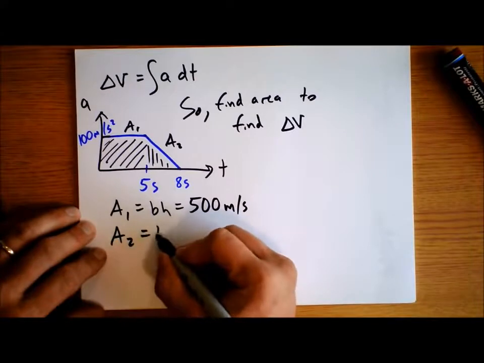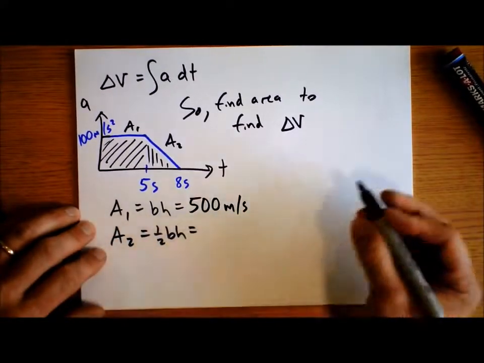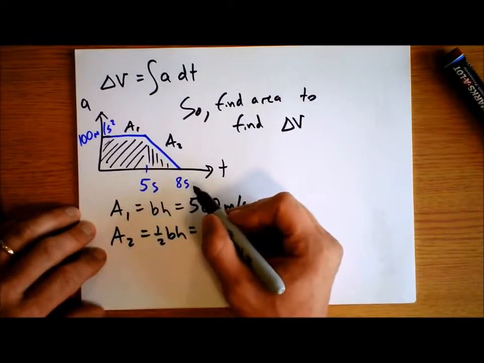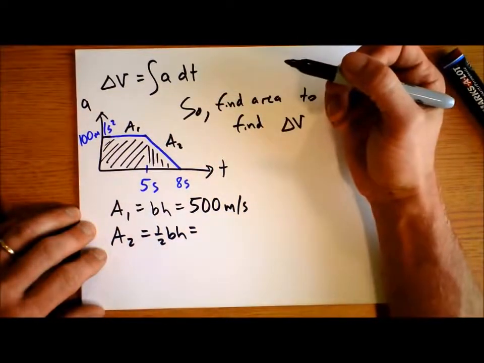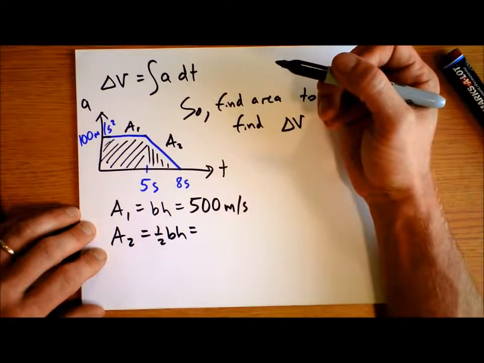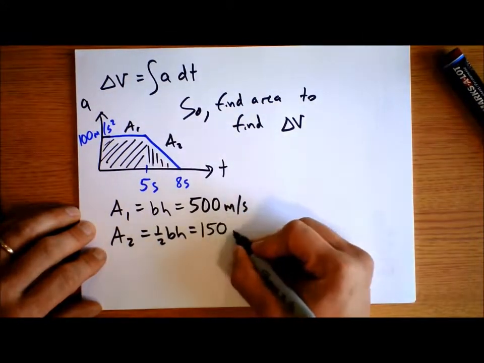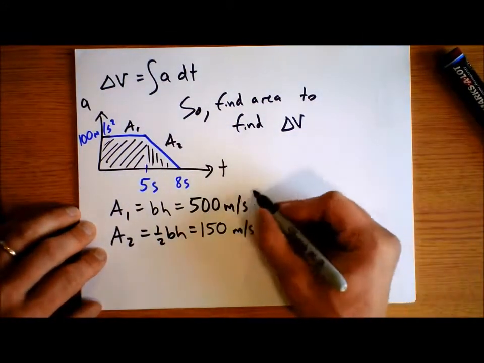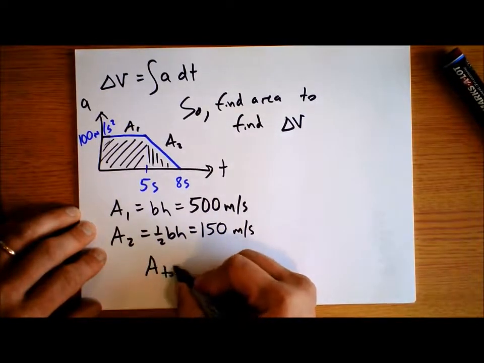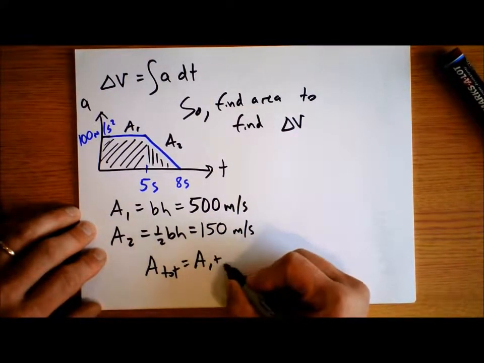Area 2 is 1/2 base times height, so we've got a base of 3 seconds and a height of 100, so we'll get 300, then we have to divide that by 2, so we have 150 meters per second. And we can therefore conclude area total is area 1 plus area 2.